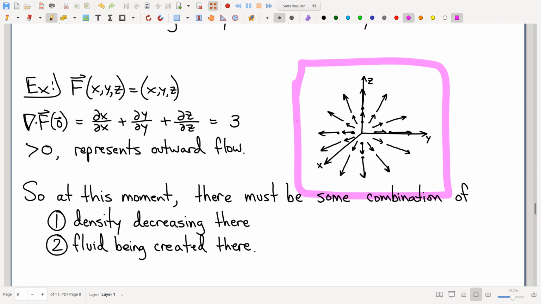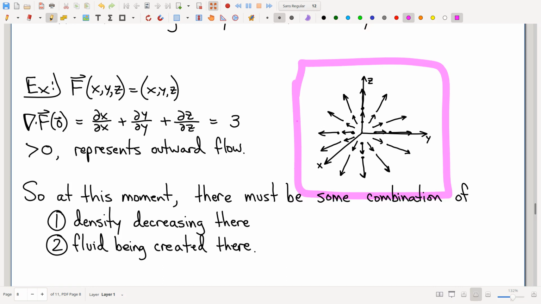What if this was a fluid of fish in the ocean? If this is how fish are swimming, I think there's going to be fewer fish at the origin after a certain amount of time passes, because the fish are all flowing away from there. There might have been a certain density of fish, but as time passes, there are fewer because, check it out, they're all leaving.